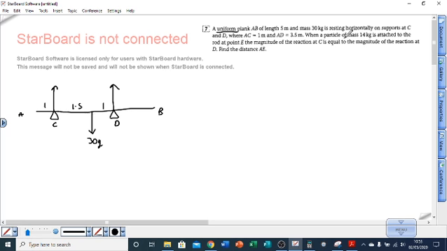When a particle of mass 14 kilograms is attached to the rod at point E, the magnitude of the reaction at C is equal to the magnitude of the reaction at D. So I can now call this R, and that R means that these two are equal. And it's a 14 kilogram mass.